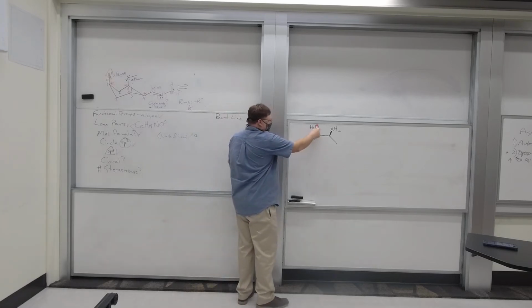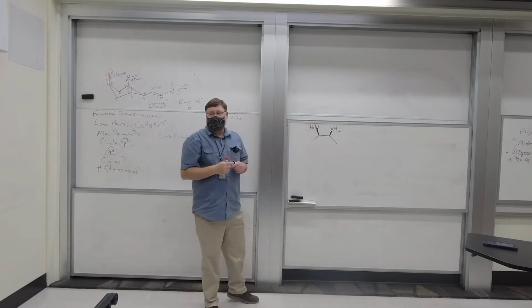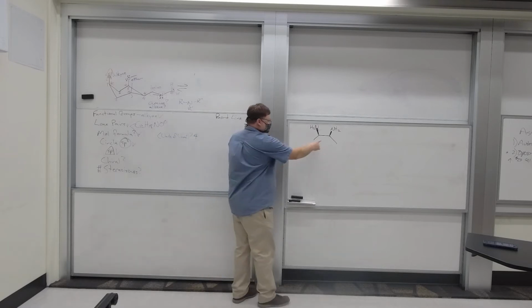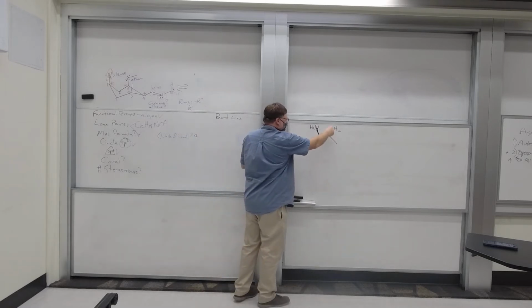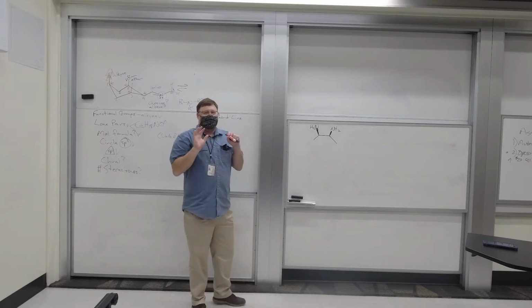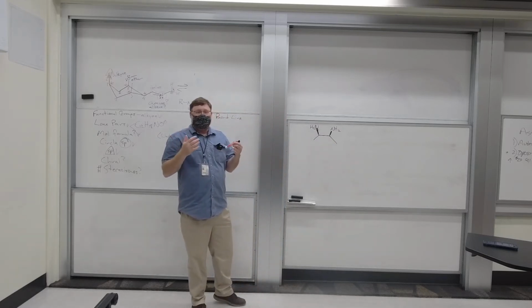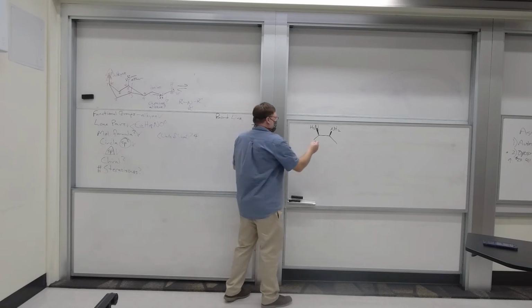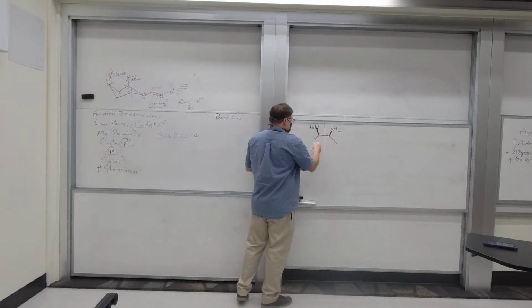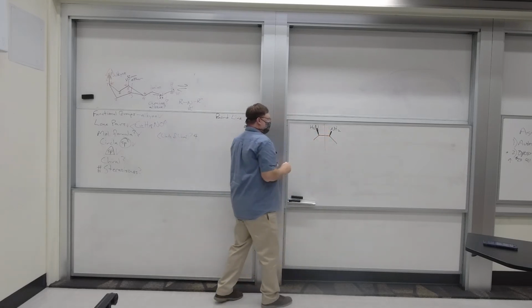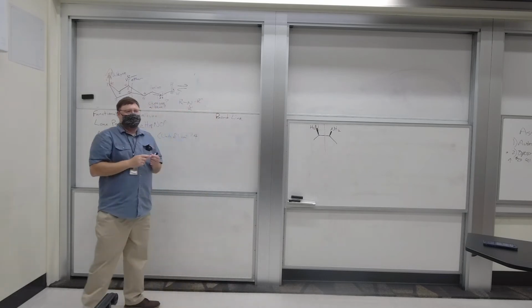This carbon's bonded to a nitrogen, an H, a CH, and a methyl. That's 4 chemically different groups. But if you look at it, this other chiral center is bonded to the exact same things, an N, an H, a CH, and a methyl. And so the asymmetry of the 2 atoms offsets each other. You see this in a plane of symmetry, right? Left side of this molecule reflects exactly into the right side of the molecule.